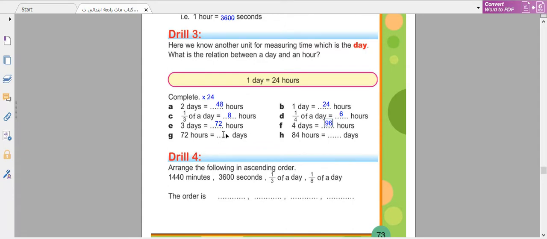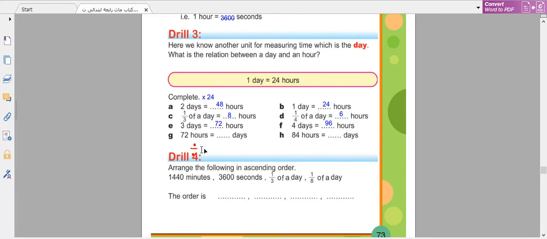Here we want to change from hours to days, from a smaller unit to greater unit. We will use division operation. Divided by what?